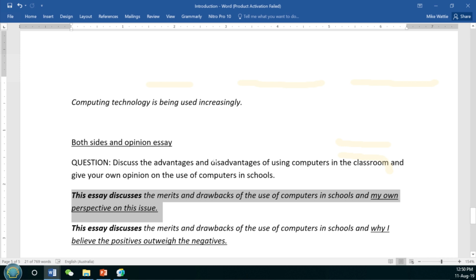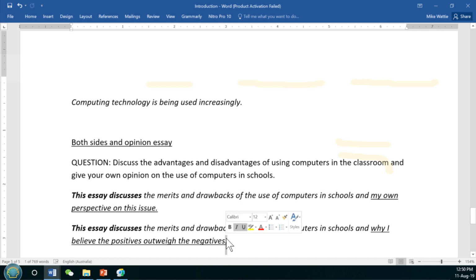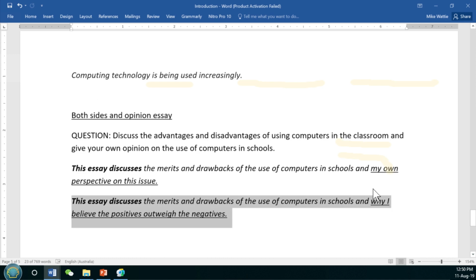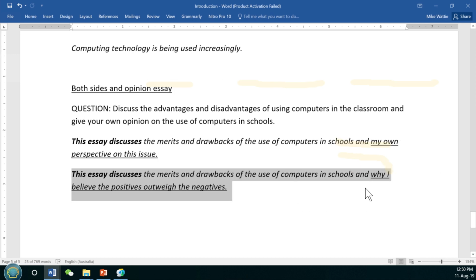Now, if you're trying to get to 8 and beyond, and you've got enough time to prepare it, I would say that this second one is the better introduction. And why is that? A lot of it's to do with the grading criteria.